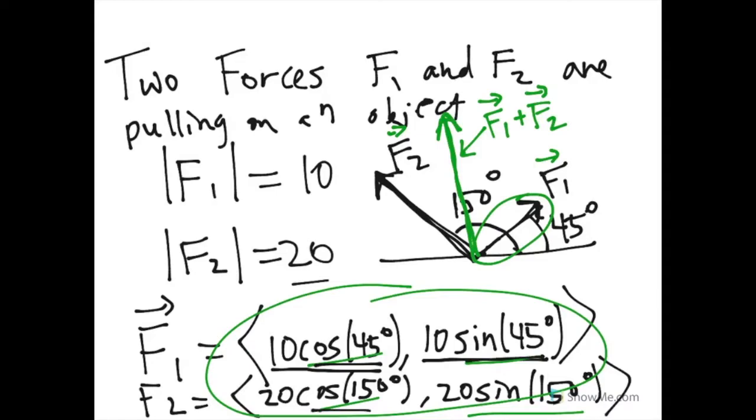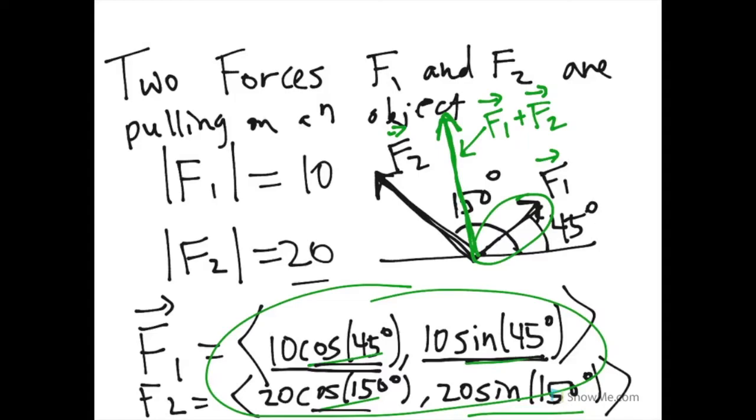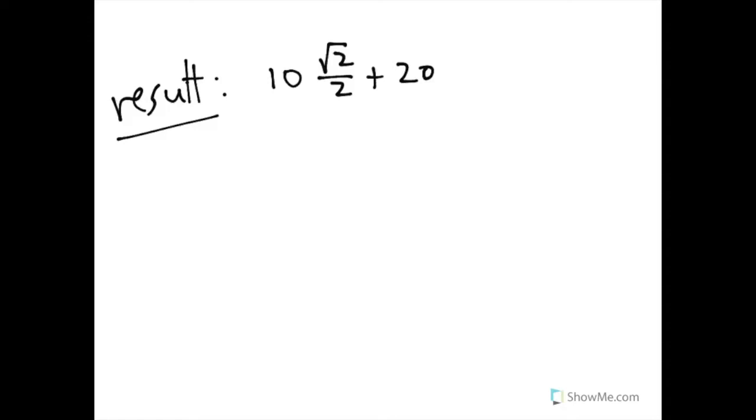You take your x coordinates and add them together, and your y coordinates and add them together. This is going to look like 10 root 2 over 2 plus 20 times the cosine of 150 degrees. What is that? That's negative root 3 over 2. It's like your 30-degree angle in quadrant 2.